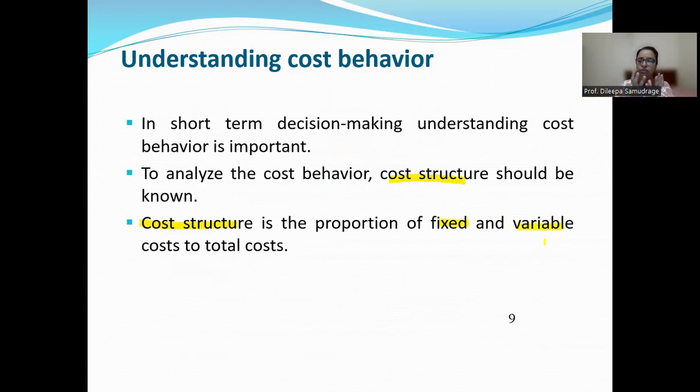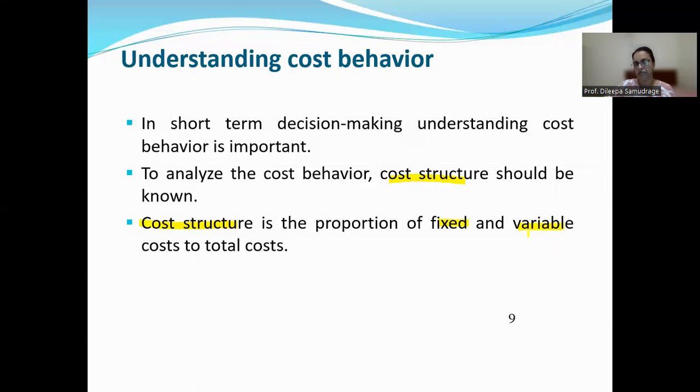The total cost comprises variable and fixed. There are no semi-variable, no semi-fixed costs. So you have to ignore semi-variable and semi-fixed costs, right?